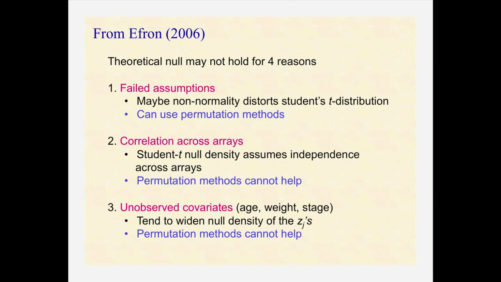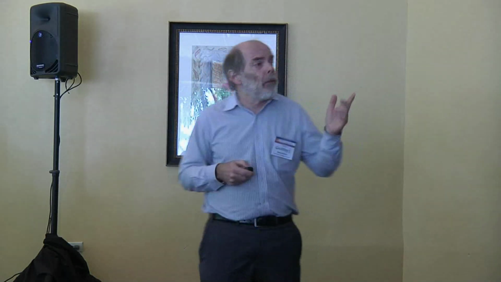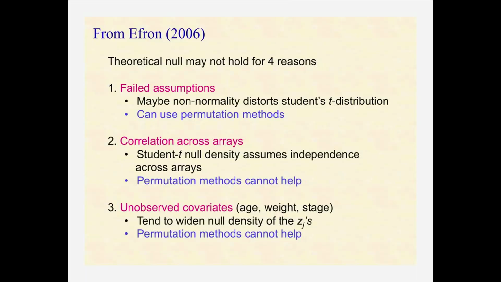So first of all, the theoretical null may not hold for 4 reasons. One is non-normality distorts the T distribution. But as I mentioned, we can use a permutation method, so that's not a problem. The other problem is there's correlation across the arrays, and taking the null density to be the student T assumes independence.